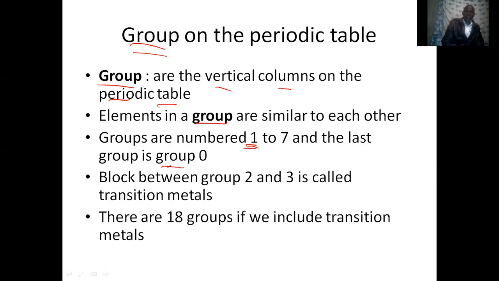Or if they gain, for them to be stable, in that particular group they will have to gain the same number of electrons. And as we said, the group between 2 and 3 comprises the transition metals. There are 18 groups in total if we include the transition metals, as we indicated earlier.